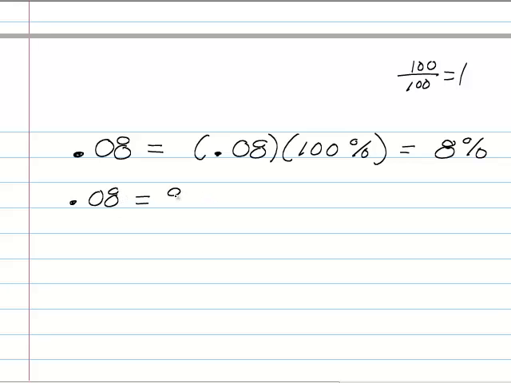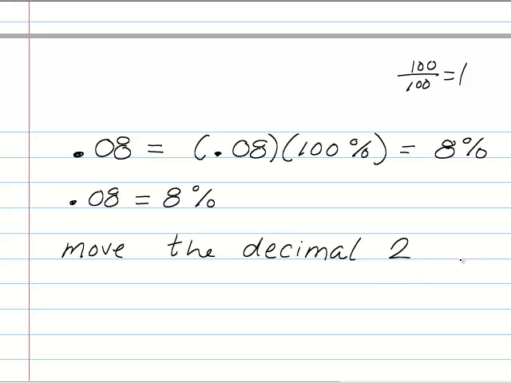We have this equivalency: 0.08 equals 8%. So effectively, when we go from a decimal to a percentage, we move the decimal 2 places to the right. We move 2 places because it's 100, and we have 2 zeros. And to the right, because we are multiplying by 100 instead of dividing by 100.